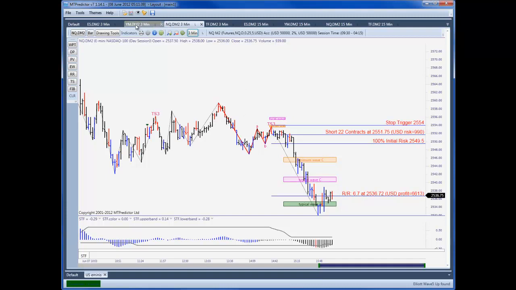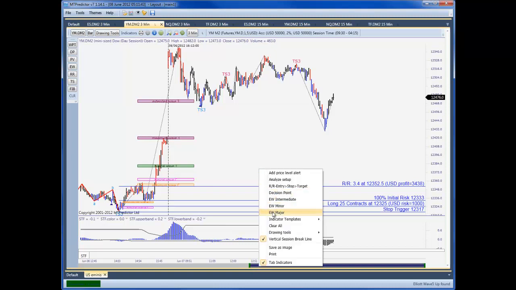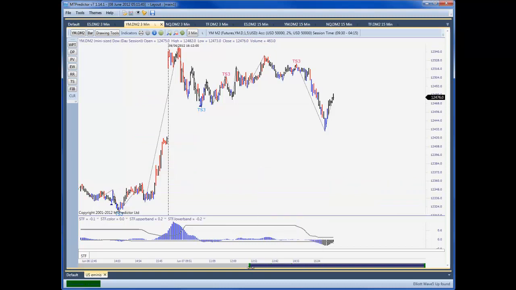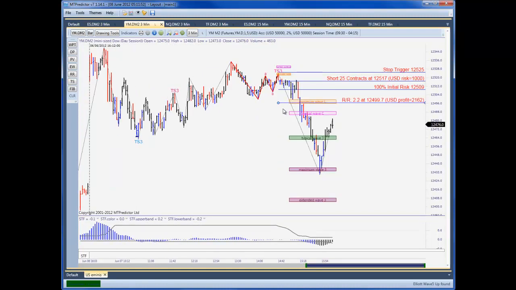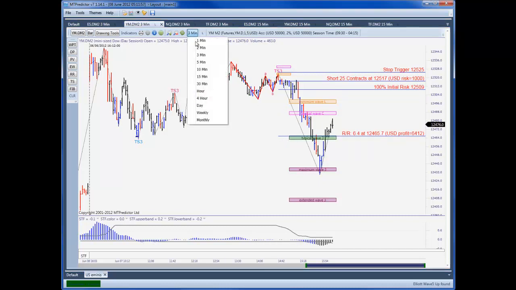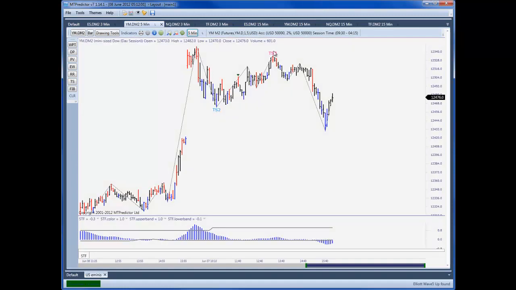That wasn't the only short trade as well. If we go to some of the other markets here, if we look at, for example, the YM, on this particular trade we had a lovely Holy Grail short off there on the 3-minute chart. If we go to the 5-minute chart, there's our TS3 sell there.